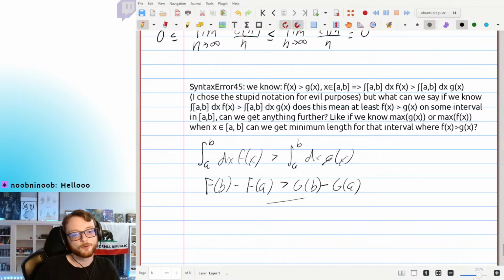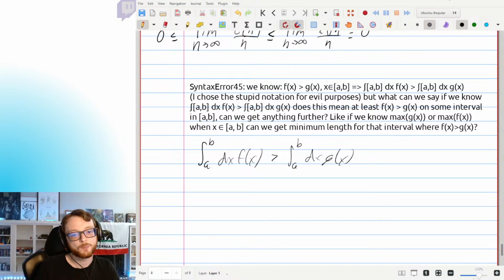It does feel like in order for an inequality like that to be true... maybe you want the mean value theorem. We could divide each side by 1 over b minus a. I wonder if that would be helpful.